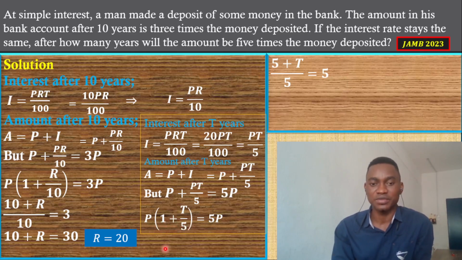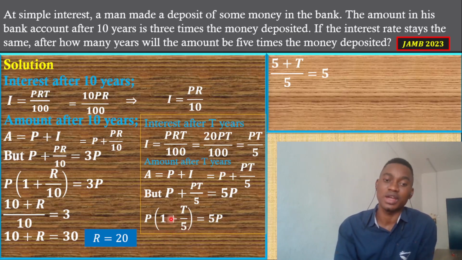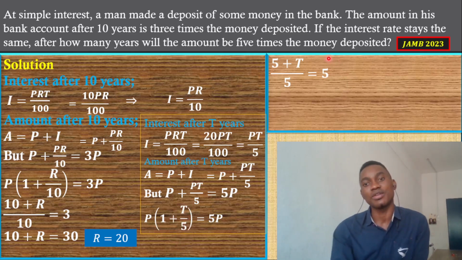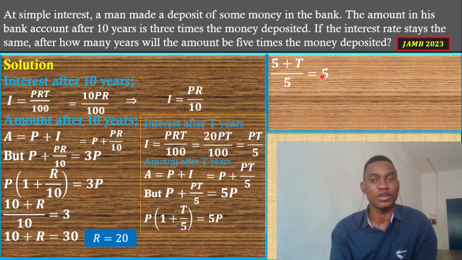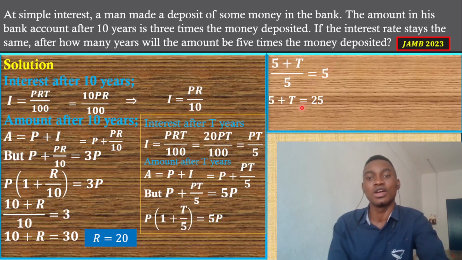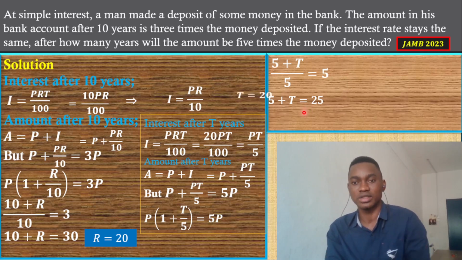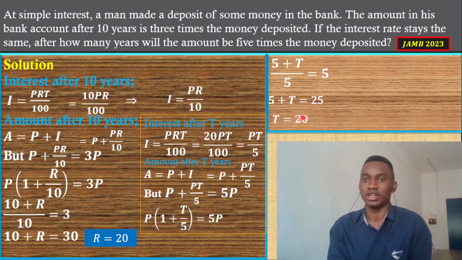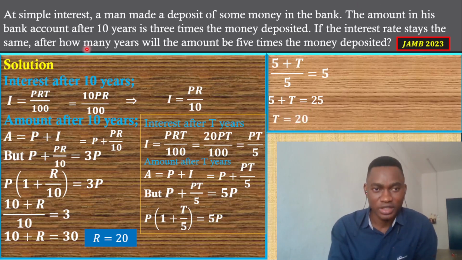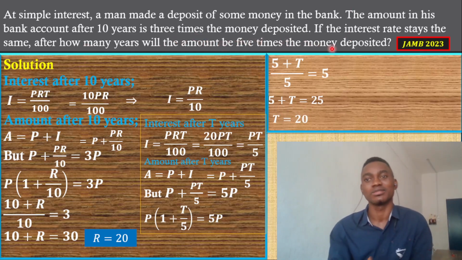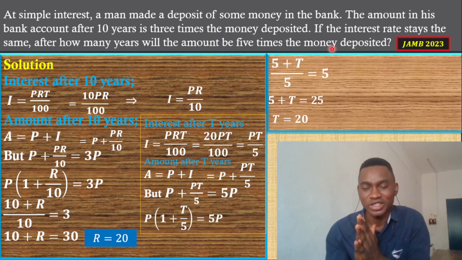So 5 divided by 1 is 5, then 5 times 1 is 5, then 5 divided by 5 is 1, 1 times T is T. So we have 5 plus T all over 5. So we quickly cross multiply, we have 5 plus T equal to 25, hence T is 20. Therefore, after 20 years, the amount is going to be 5 times the money deposited.